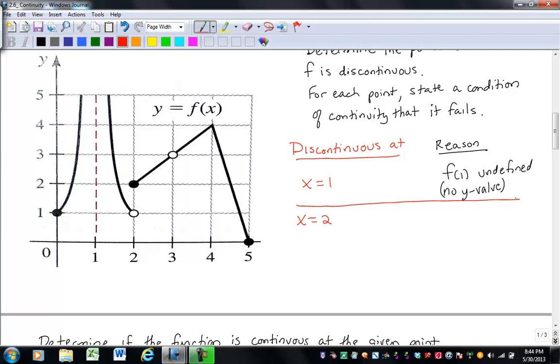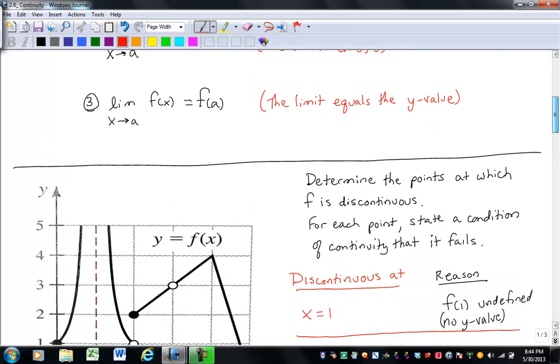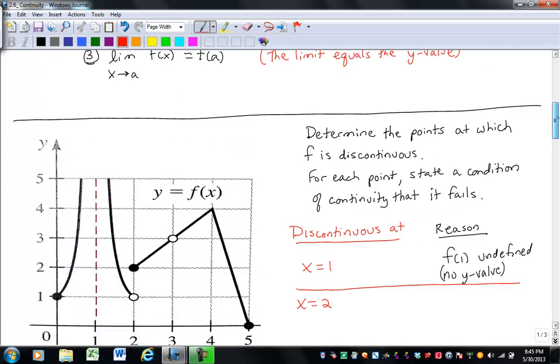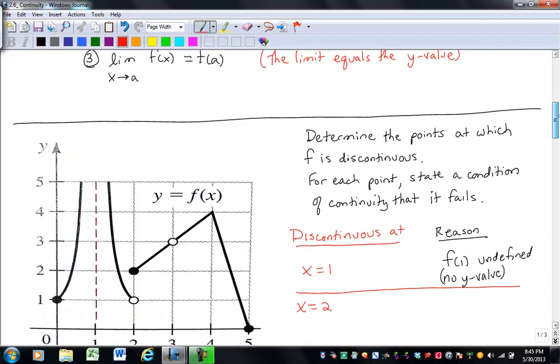Well, what would the discontinuity be? The first condition is, the y value has to exist for it to be continuous there. But the y value does exist. At x equals 2, the y value is 2, because that's where it's shaded in. So that's not the problem. Now the next thing that has to happen. To be continuous there, the limit would have to exist.